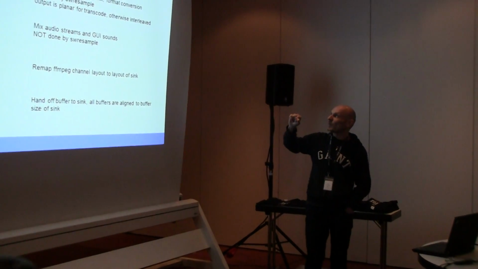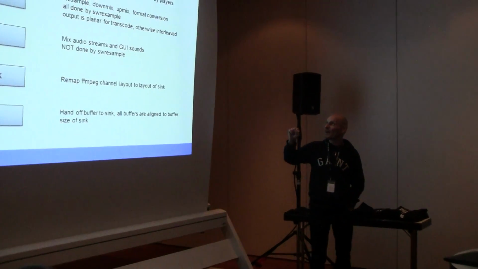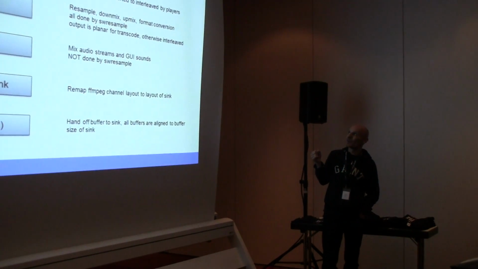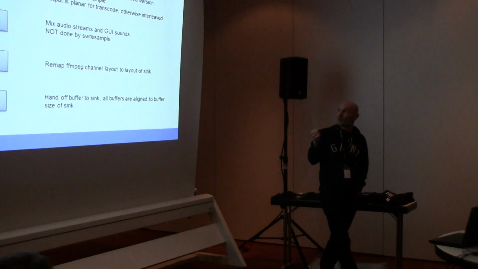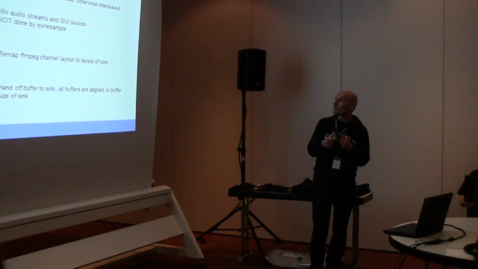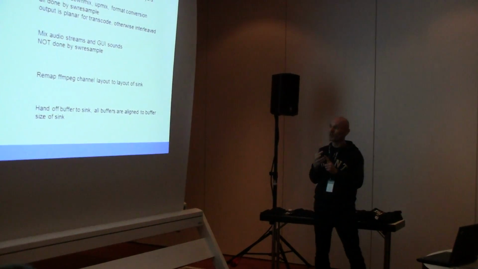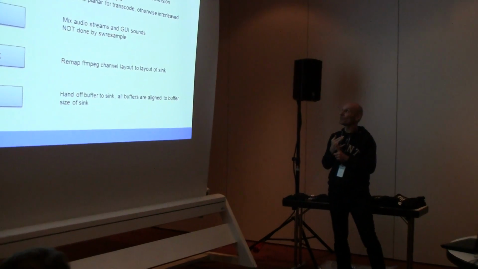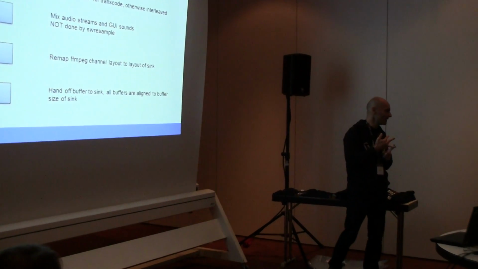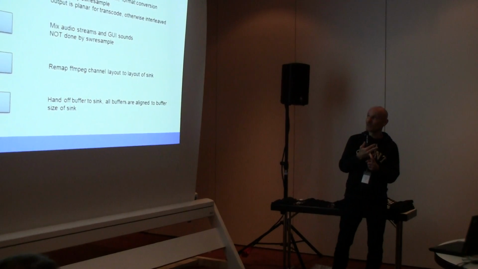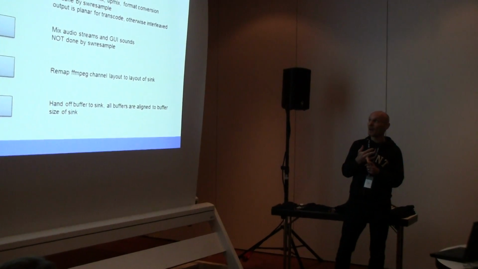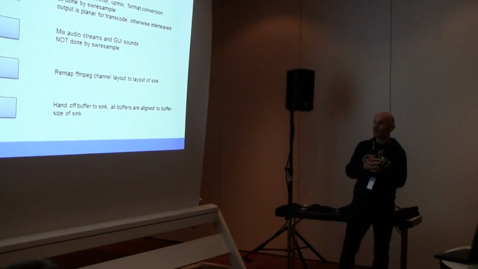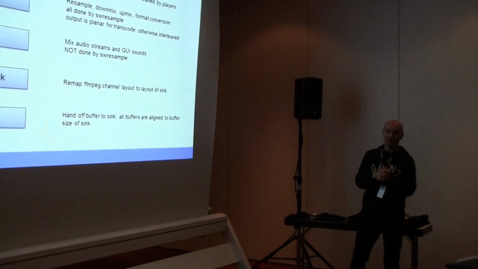The next stage is the resampling stage, done by the FFmpeg resampling library. At that stage, we do resampling, downmixing, upmixing, and convert to the format we use internally, which is currently float interleaved for everything other than transcoding.